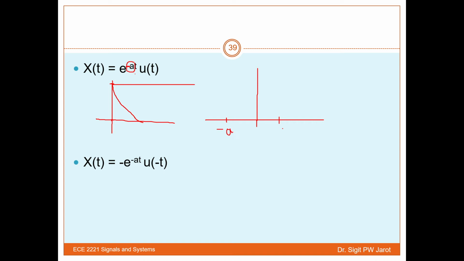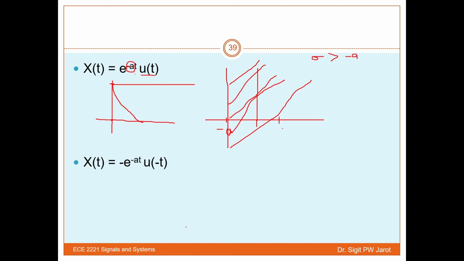So we just put one vertical line, and then it's u(t). That means sigma is larger than minus a. So we know that the region of convergence is at this side, from minus a to infinity.